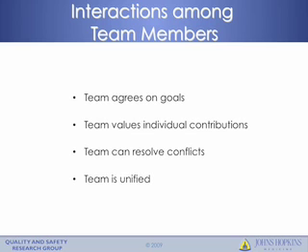And among those things are that the team agrees on its goals, both its short-term and long-term goals, and that the team values individual contributions from everyone, in fact solicits individual contributions from everyone, and has good participation from everyone, that the team can resolve conflicts in a positive way, that you don't avoid conflict, of course, because it can be very useful, but that you do resolve those conflicts and come up with a convergent solution, and that the team is unified and feels like a team.